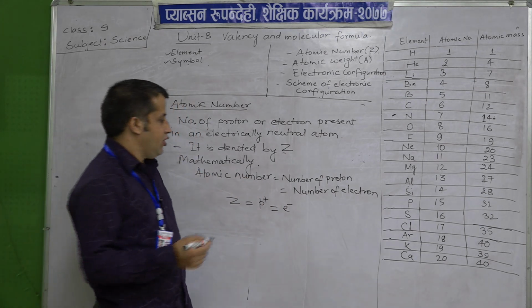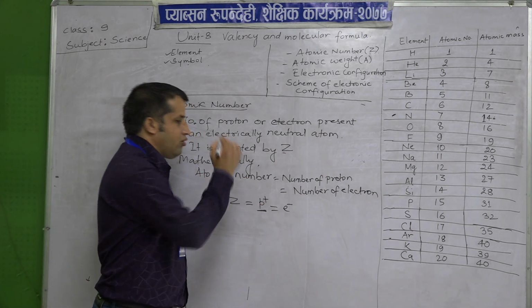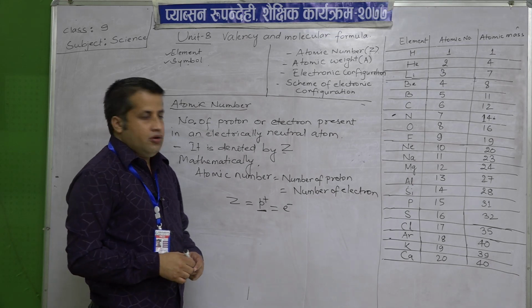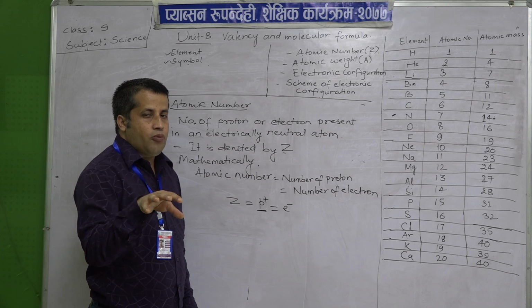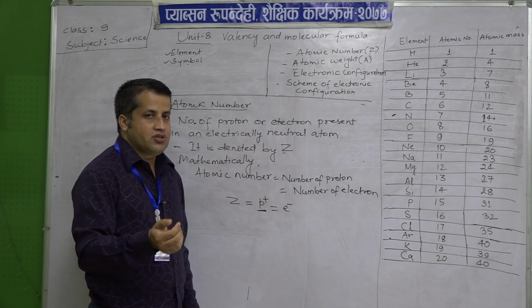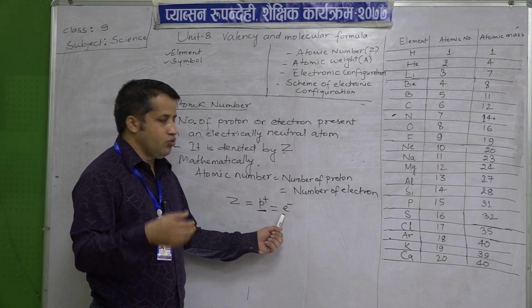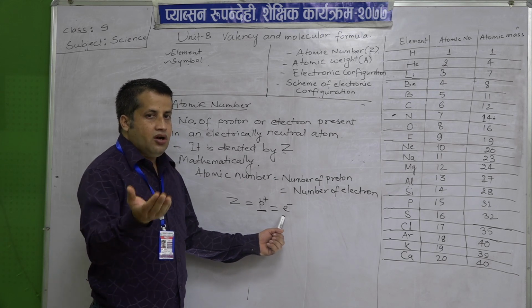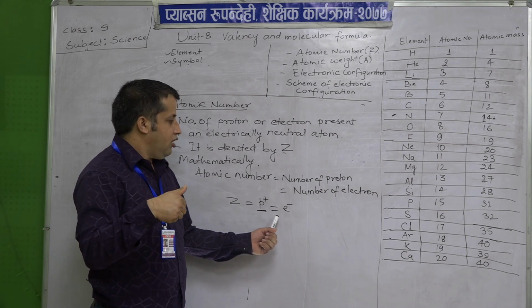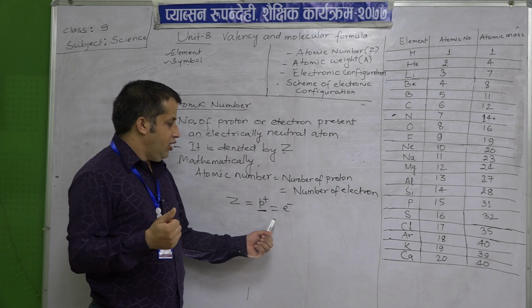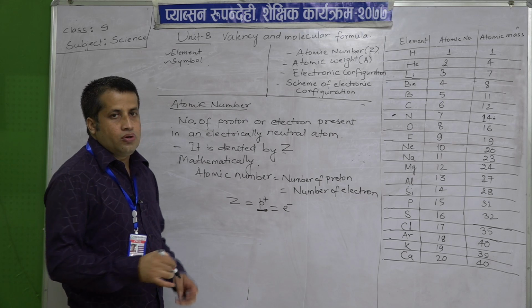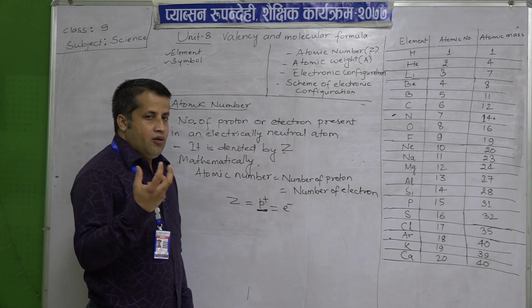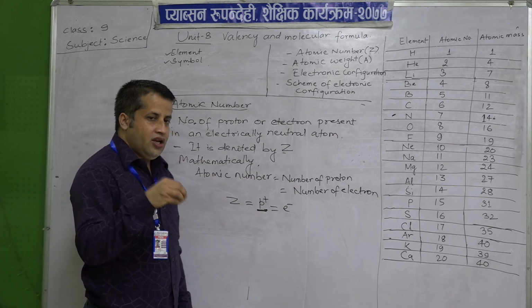Here we have to think that the proton is found in the nucleus of an atom, whereas the electron lies around in the orbit or shell where it revolves, and during a chemical reaction it is the electron which is given or taken by the atom. But the proton, which lies at the nucleus forming the nuclear charge, remains in the nucleus.